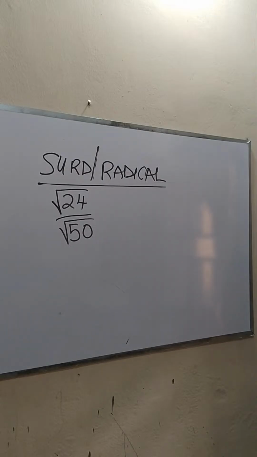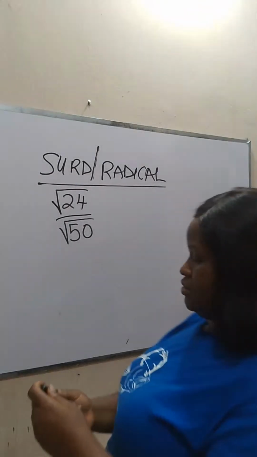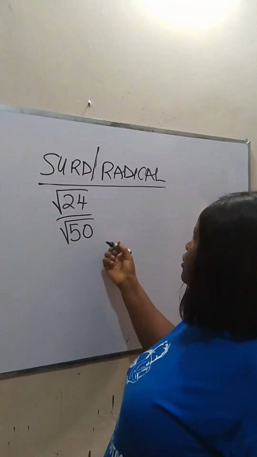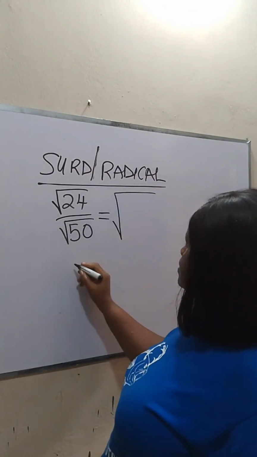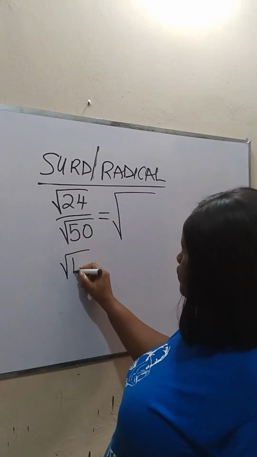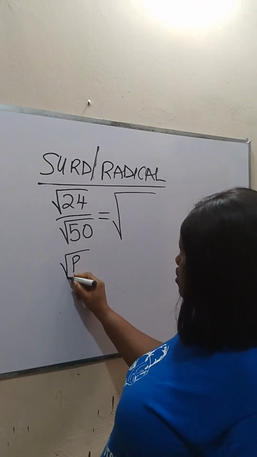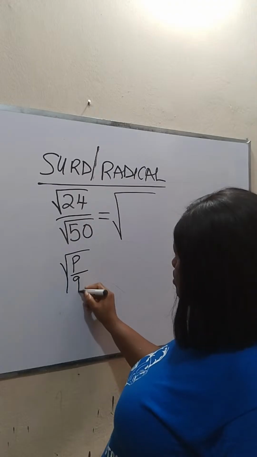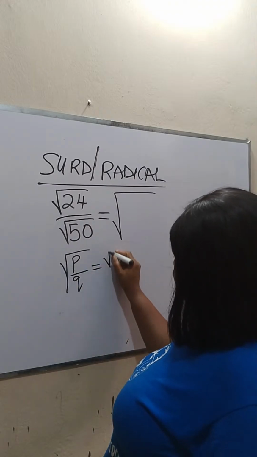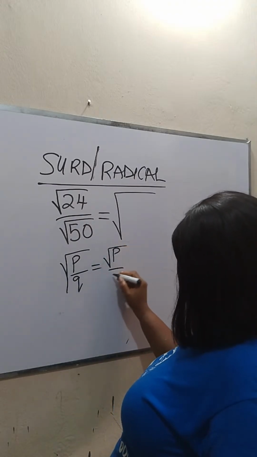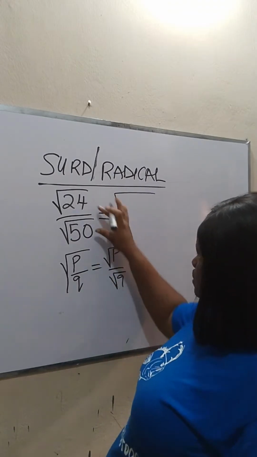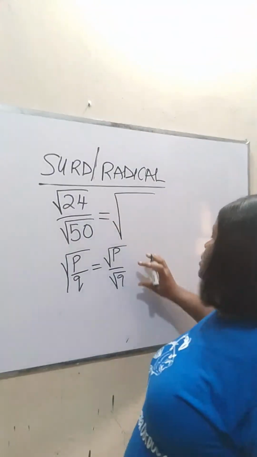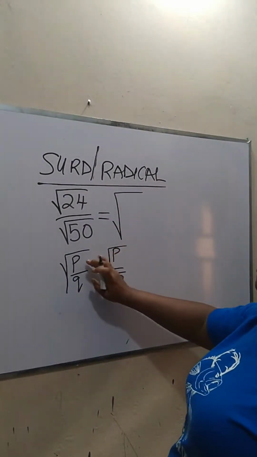To solve this, it's very easy. Here, we are going to apply the law of radicals, which says that the square root of P over Q is equal to the square root of P over the square root of Q. Our question is in this form, so we are going to put it in this form.